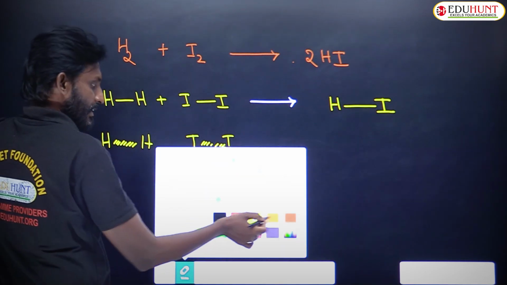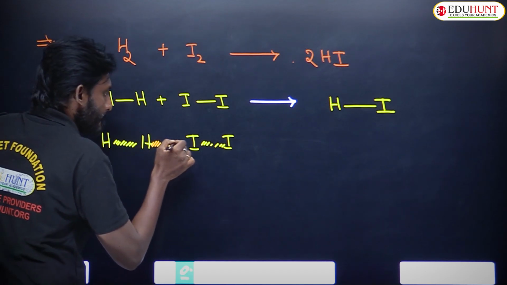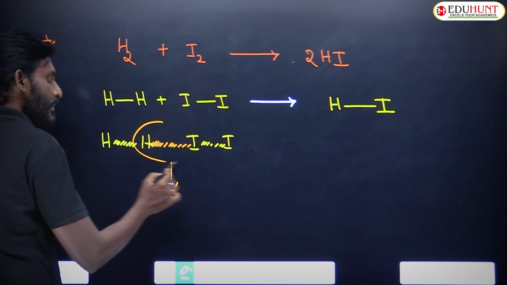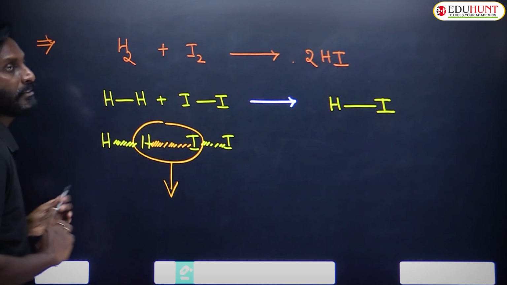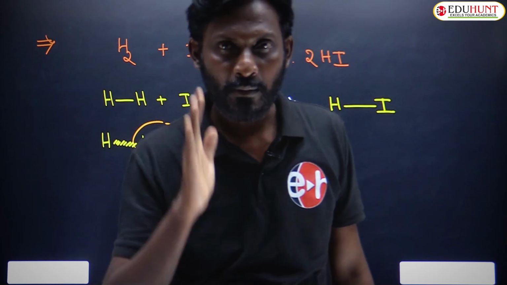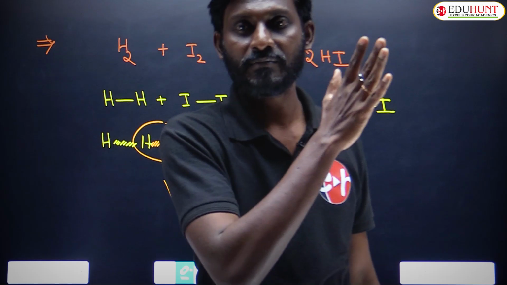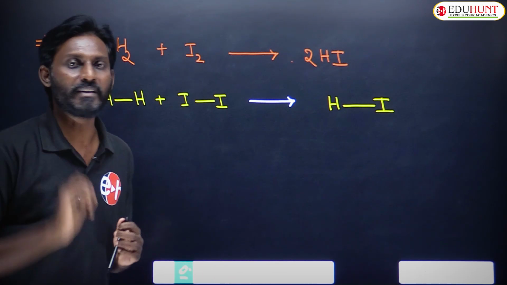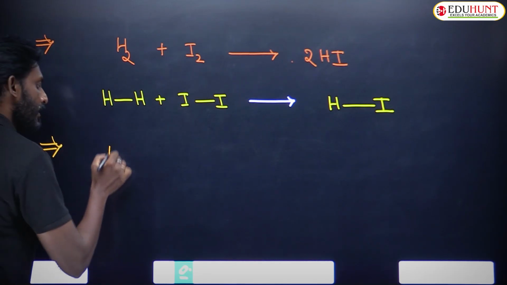Simultaneously, there is a new bond formation between H and I. So the very fundamental point in a chemical reaction is that there is bond breaking and bond making. Okay? Shall I give you one more example for a chemical reaction? Yes. See, if I take a magnesium ribbon.